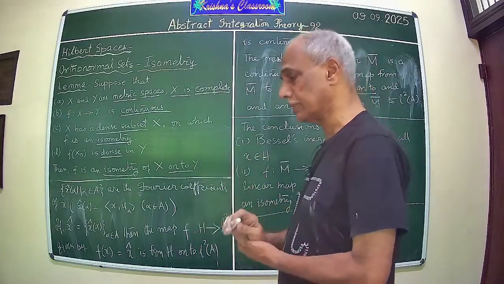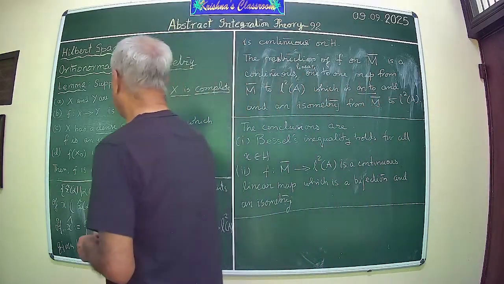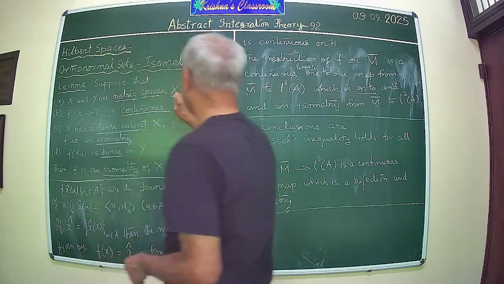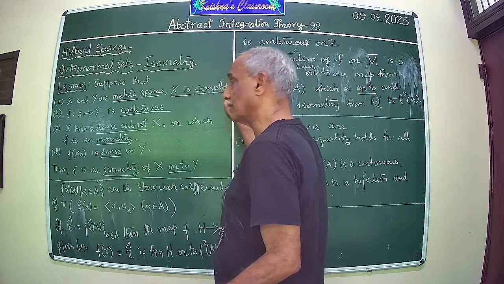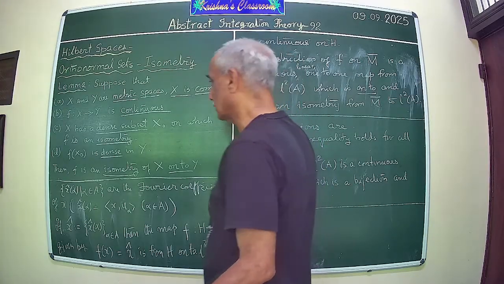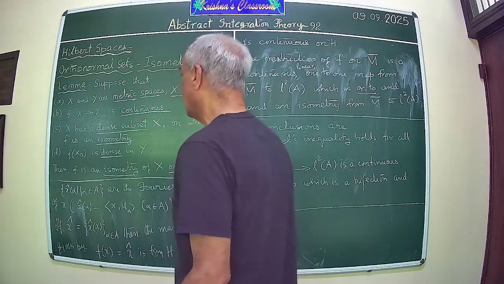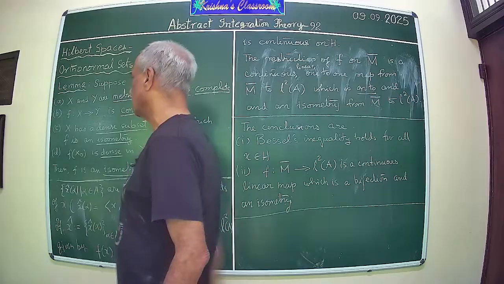We are merely assuming they are just metric spaces. So let us read the lemma. Lemma says, suppose that X and Y are metric spaces, X is complete. We are not assuming X and Y are linear spaces, we are just merely assuming they are metric spaces, and we also assume that this is a complete metric space.